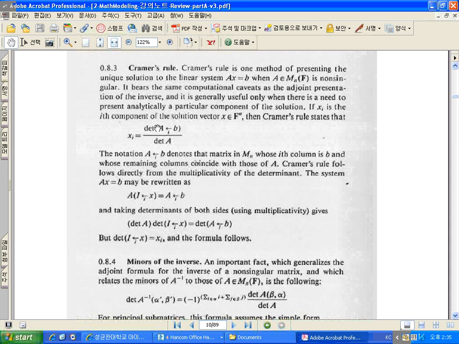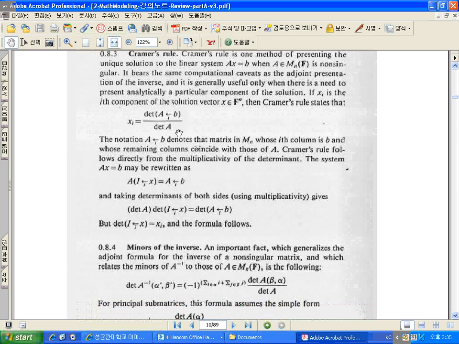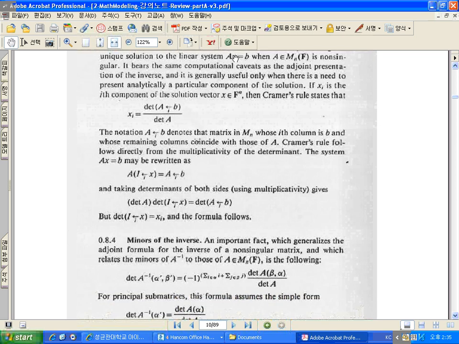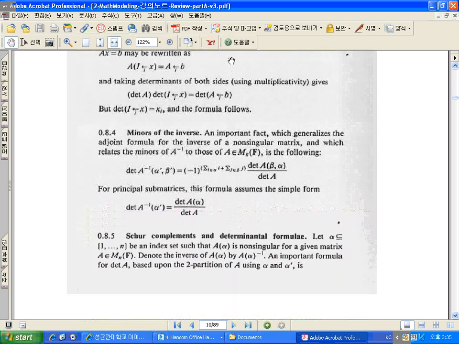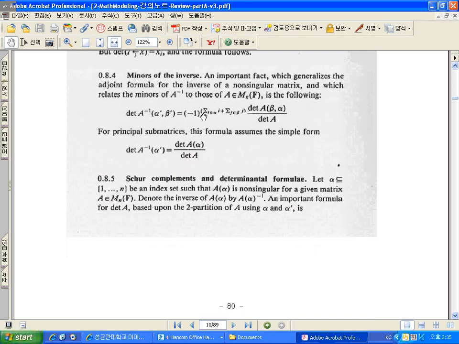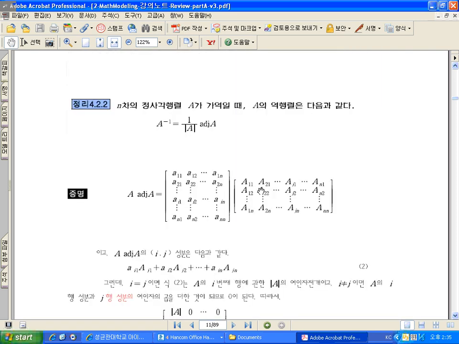So the determinant of this matrix, whose i-th column is replaced by b, over the determinant of A is xi. Then we can obtain x1 and x2 up to xn of the linear system Ax equals b by this Cramer's formula, to get the solution vector x. I will show you the proof of it, and the Schur complement and determinant formulas.